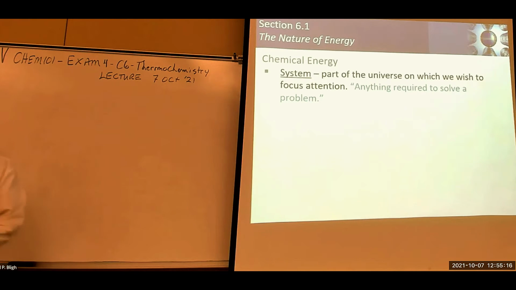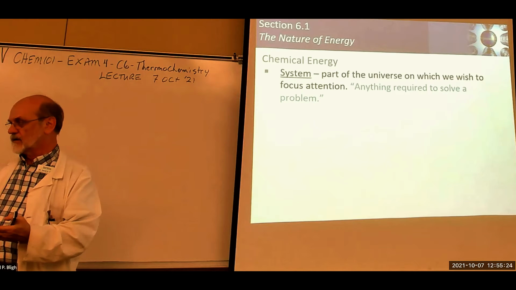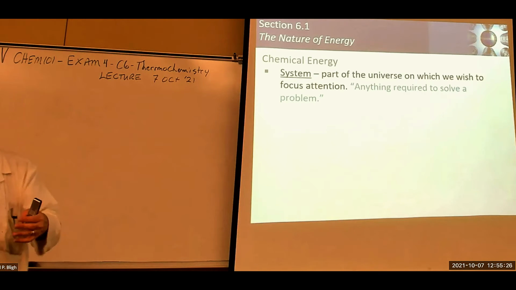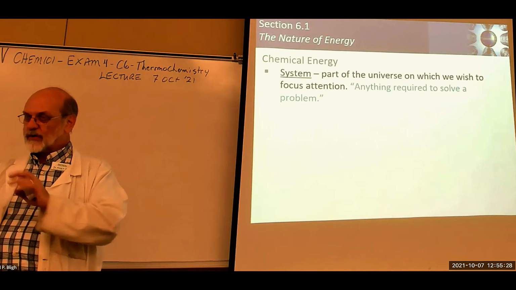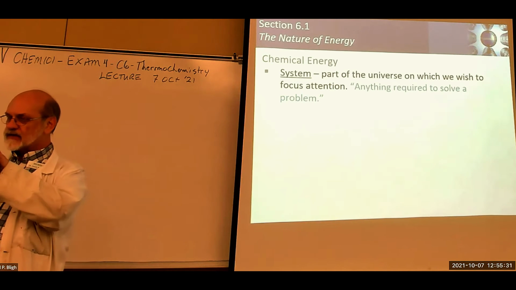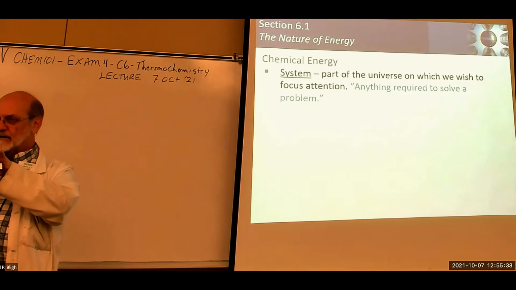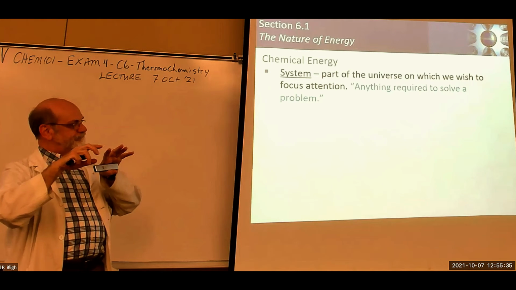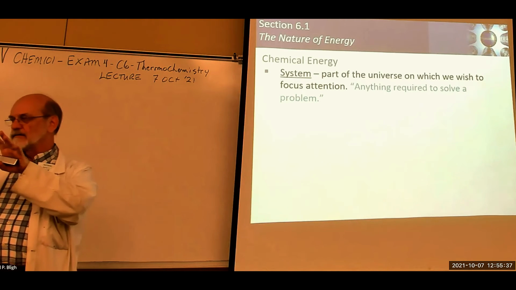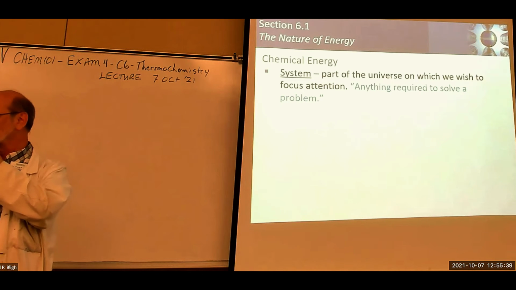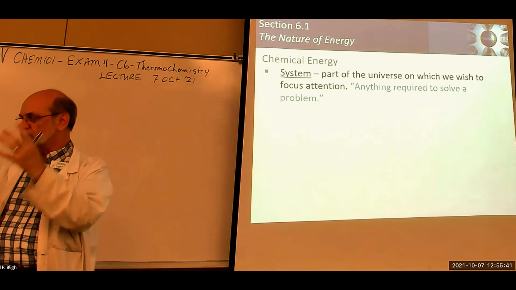So we're going to have to define some things in order to discuss heat transfers. When you're going from one place to another, we need to correctly define the area, mass, volume, whatever, that we're interested in describing.